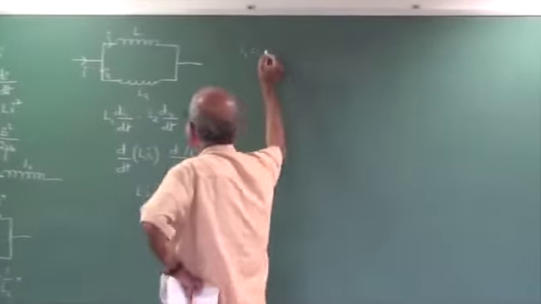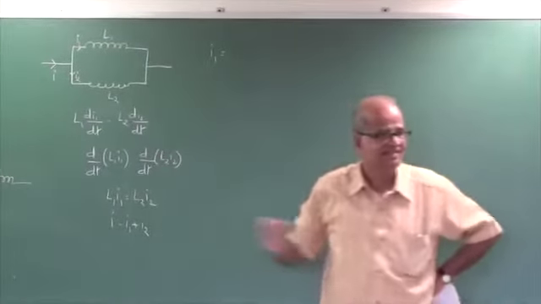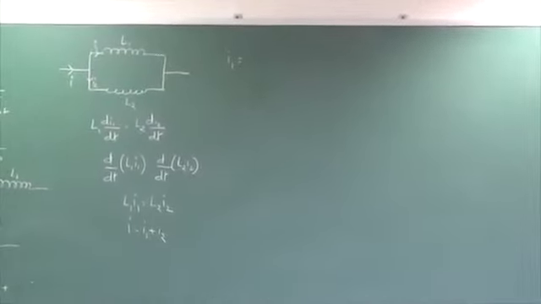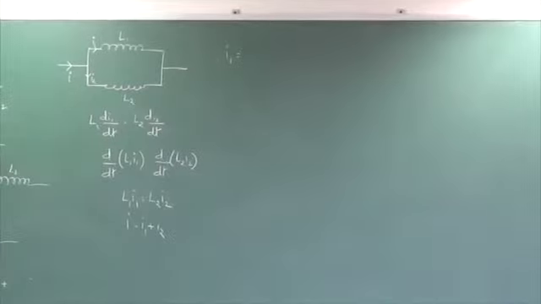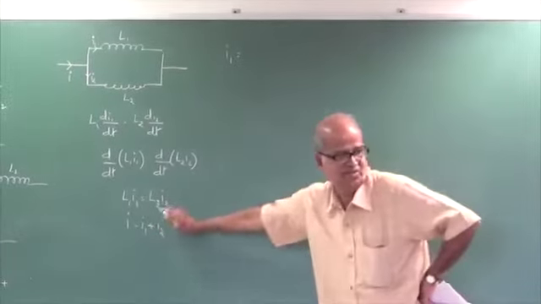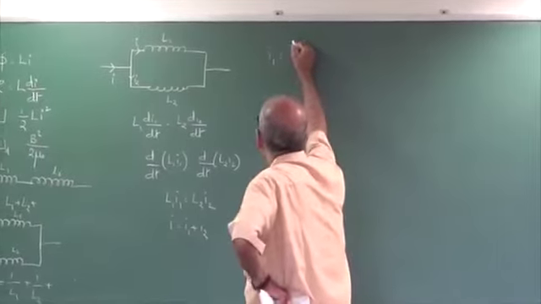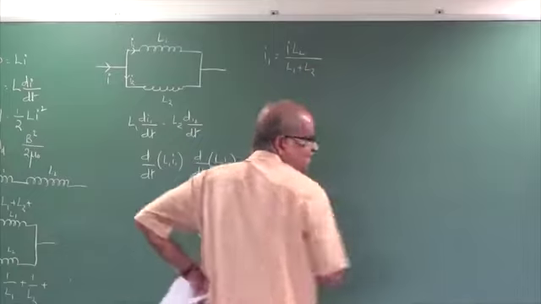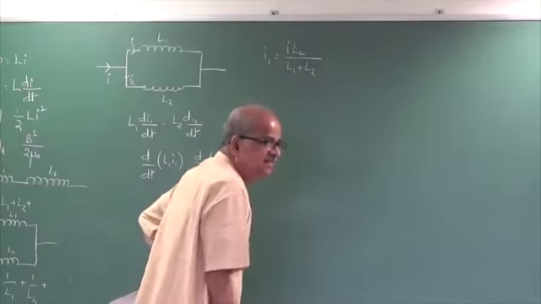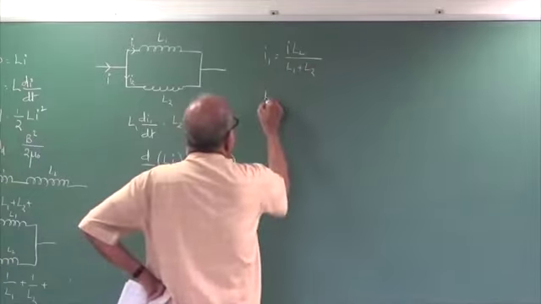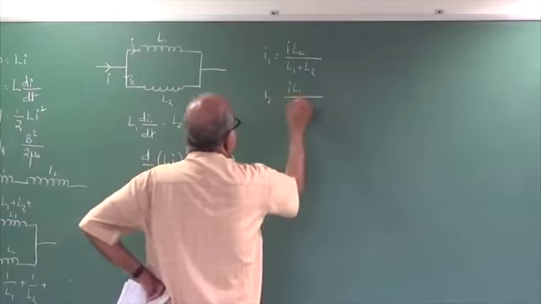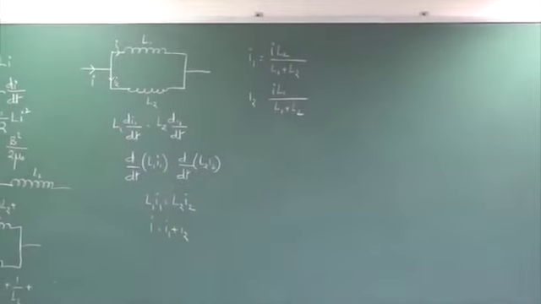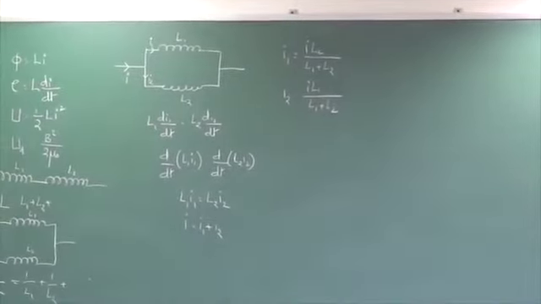I1 will be equal to, clear? I1 is equal to the main current into the inductance in the other branch, divided by the sum. I2 is the main current into the inductance in the other branch, divided by the sum.